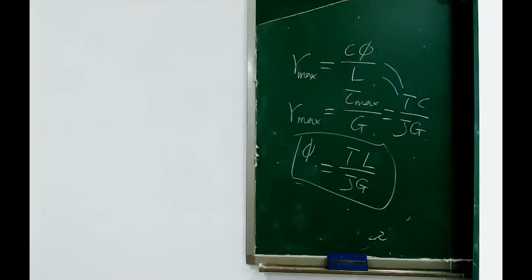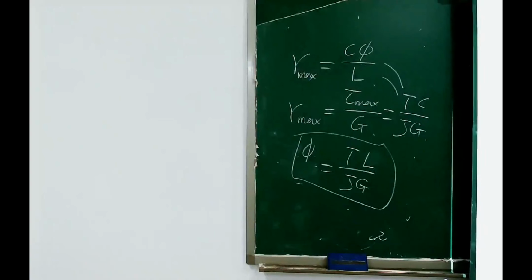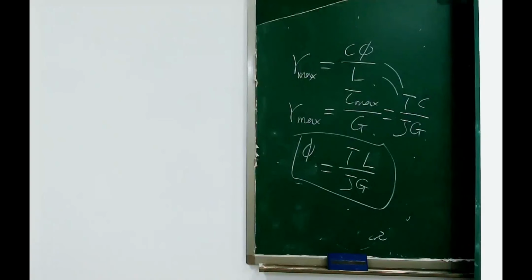Then determine is a hard one. Is a difficult one. Determine the total angle of twist of the P on the gas. It means determine the total angle of the twist.